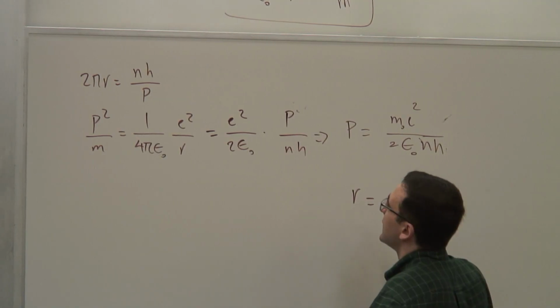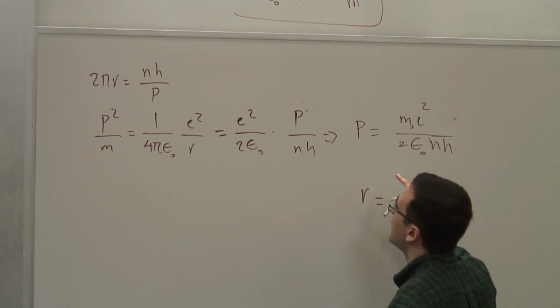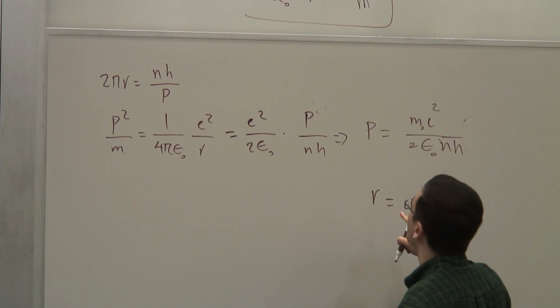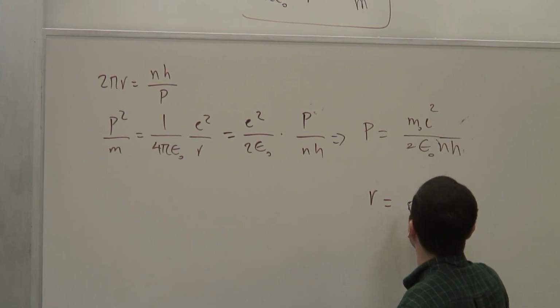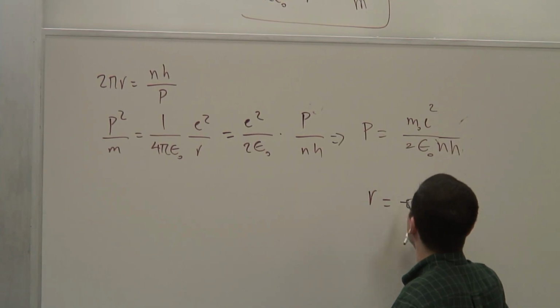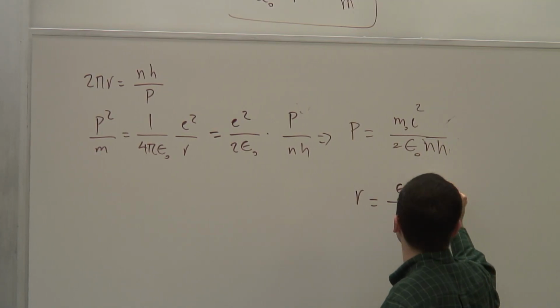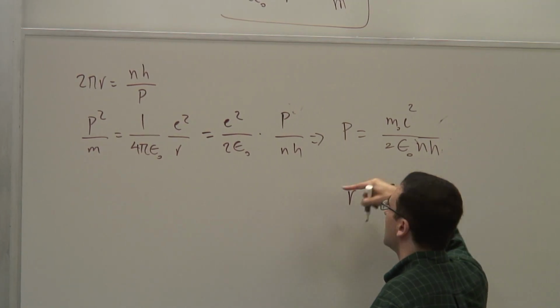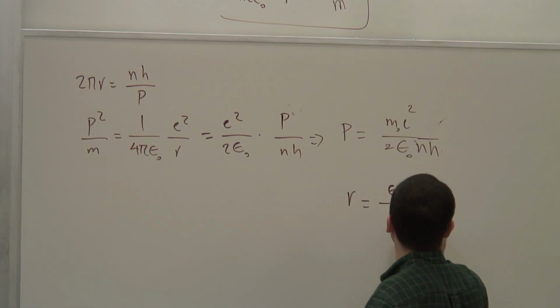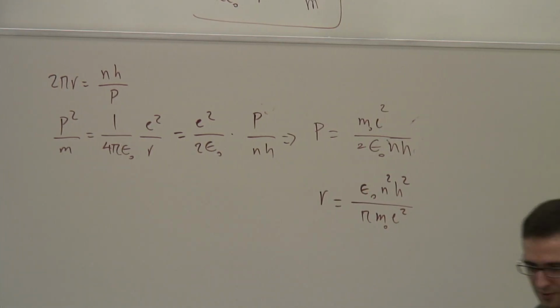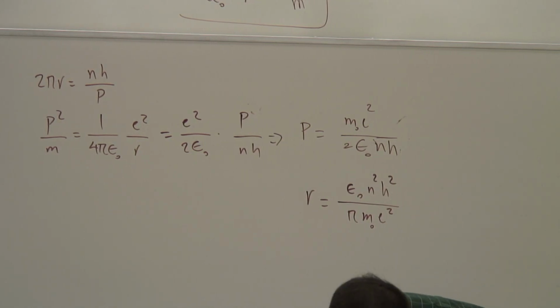So I get the 2 pi, the 2 cancels the 2. I get pi in the denominator. I get epsilon n squared h squared over pi m e squared. Right? There's an 8.